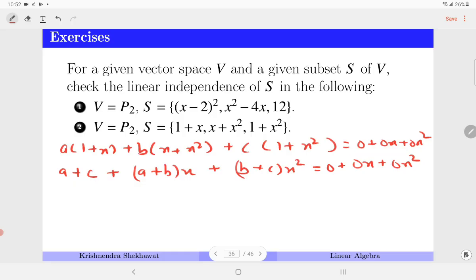Now if you equate the coefficients on both sides, it gives a plus c equal to 0, a plus b equal to 0, and b plus c equal to 0. If you write it in an augmented matrix and compute the RREF, you get a equal to b equal to c equal to 0, which means the trivial solution, and therefore this set is linearly independent.